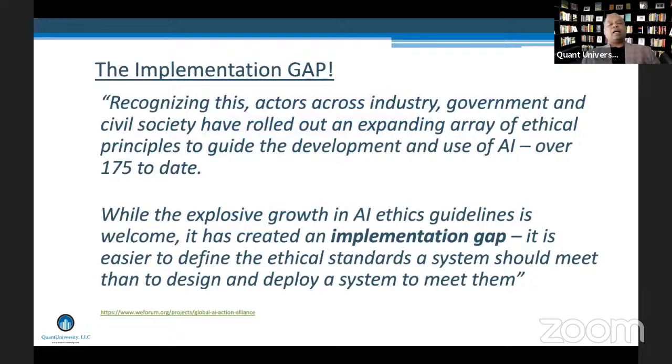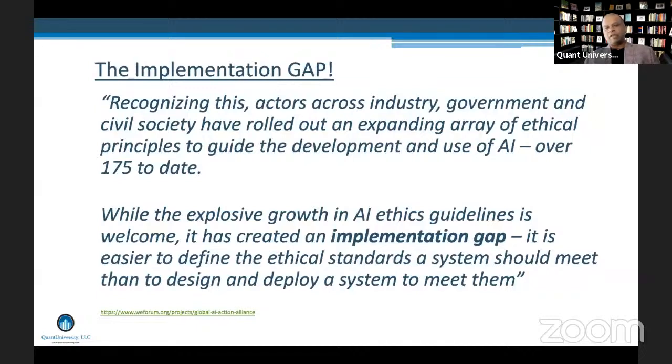So, there is what is called an implementation gap. And this was recognized by multiple organizations. If you do a little research on what's actually happening, and this was something I pulled out from the WEF, the World Economic Forum, they put out a new initiative called GAIA.